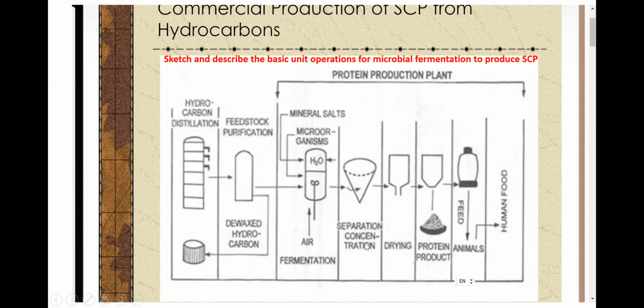This is a liquid-solid separation, for example centrifugation, decanter, and also filtration. Then the SCP cells will be dried using, for example, a vacuum dryer. And finally, we will have the protein product, which in the old time was mostly used for animal feed.